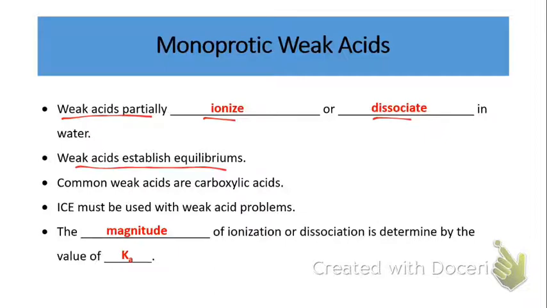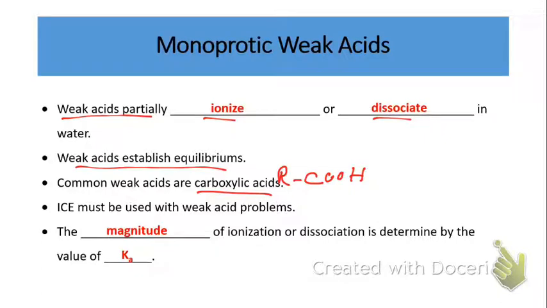What are some common weak acids? Well, many of them have carboxylic acids. What do we mean by carboxylic acid? Well, usually in the formula, you have what is known as a COOH motif. And usually the COOH is bonded covalently to another group, and we'll just say R represents whatever.